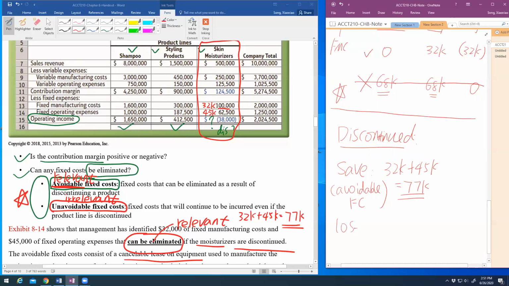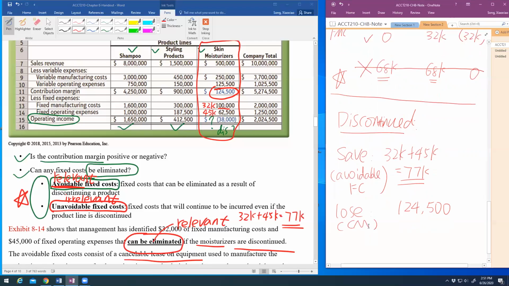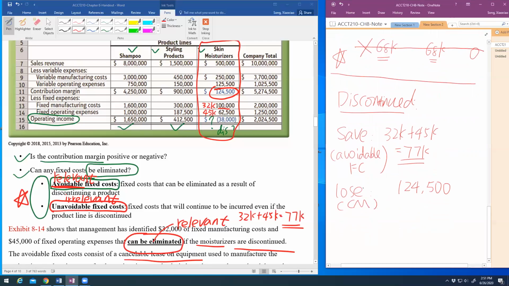But we will lose how much? We will lose 124,500. We will lose our contribution margin of 124,500.